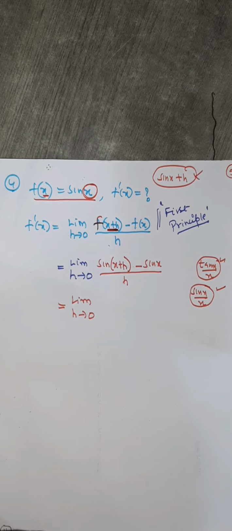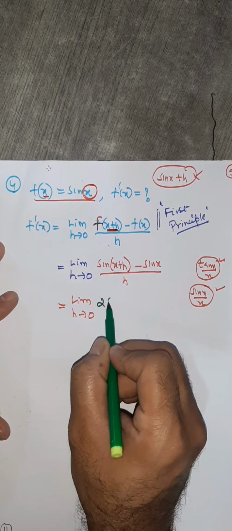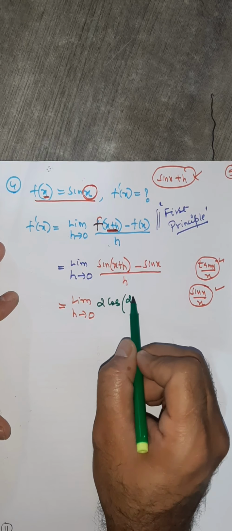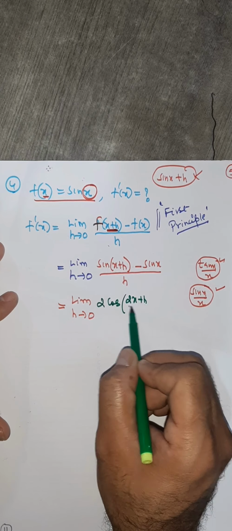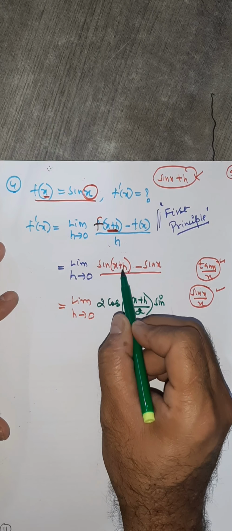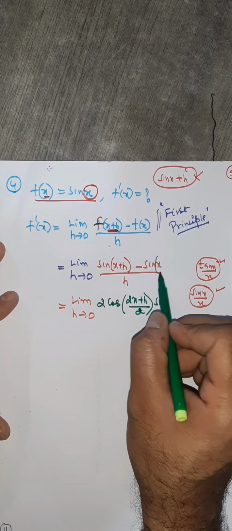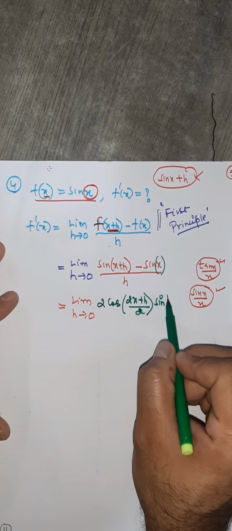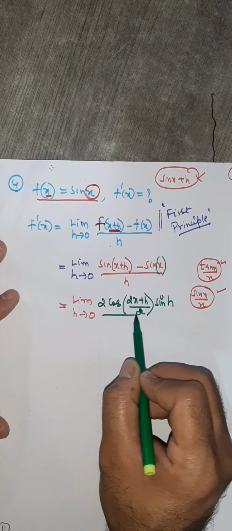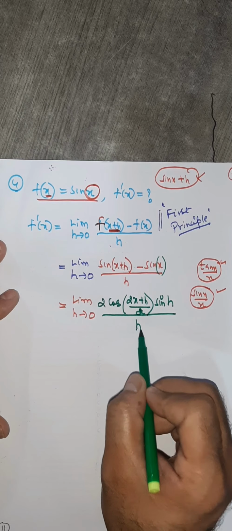Sin minus sin. Yes, what is sin minus sin? 2 cos, twice cosine of this plus this by 2, so 2x plus h by 2, factor formula, into sin of this minus this. Here the angle is x, so x will get cancelled. This is just h, upon this h as it is.